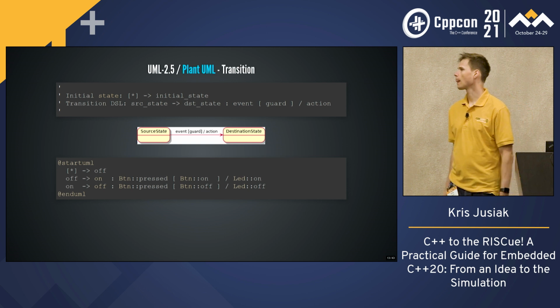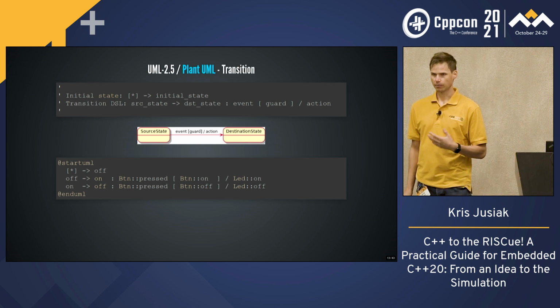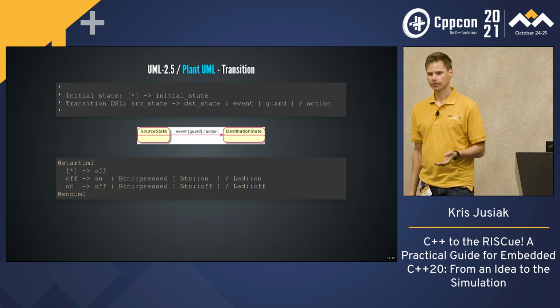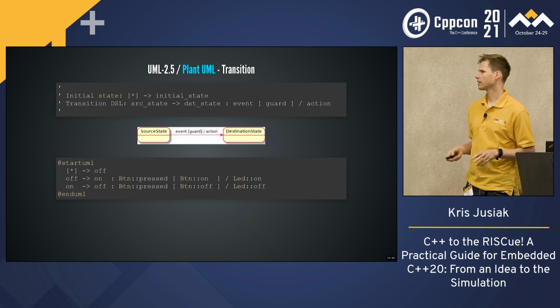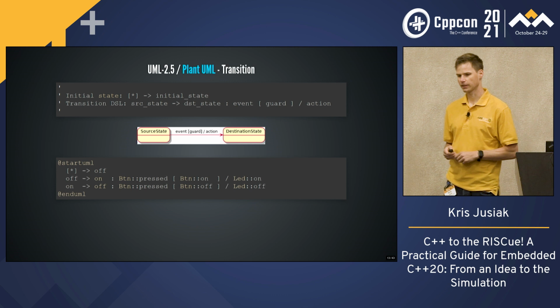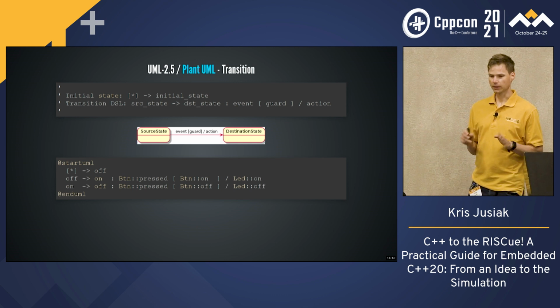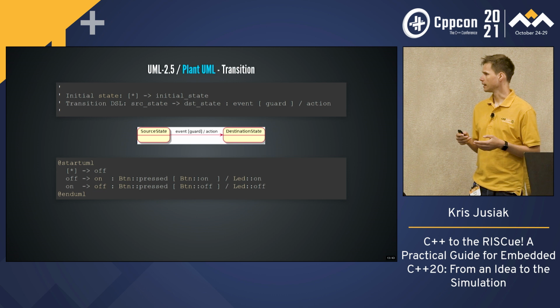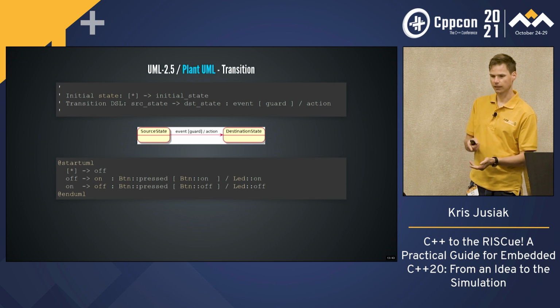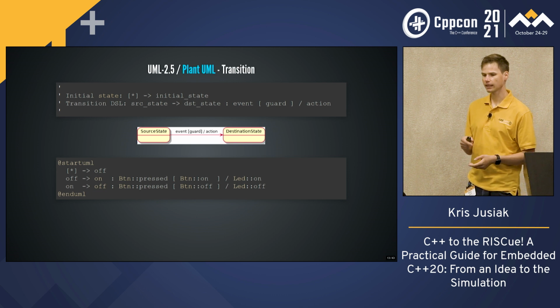So how will it look in our example? We start in the off state. We go to the on state when the button is pressed and it's on, meaning we press the button and the state is high.